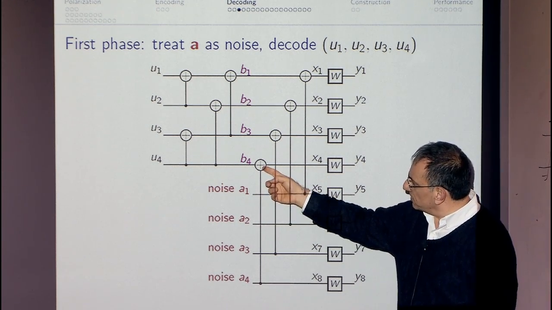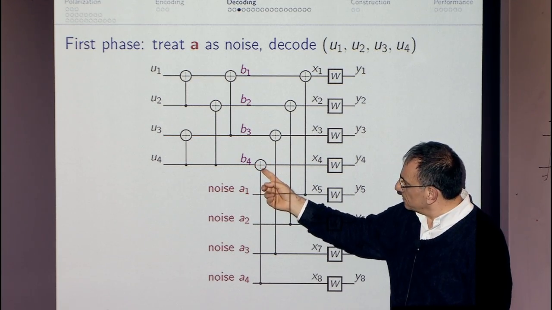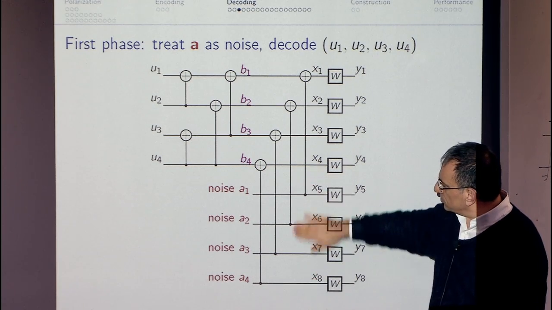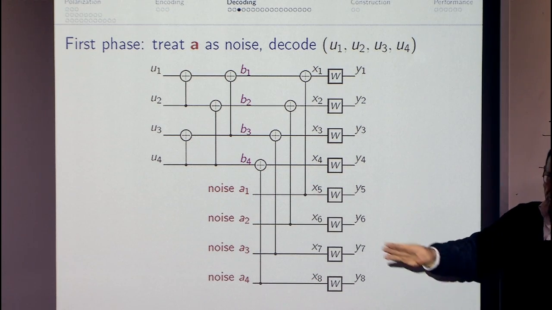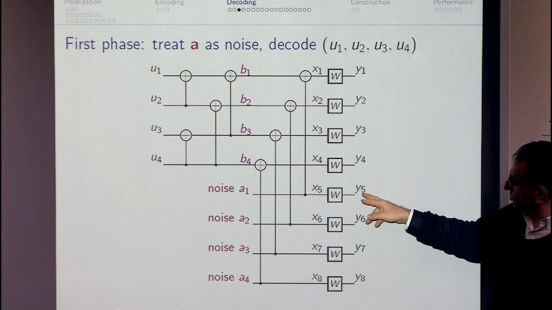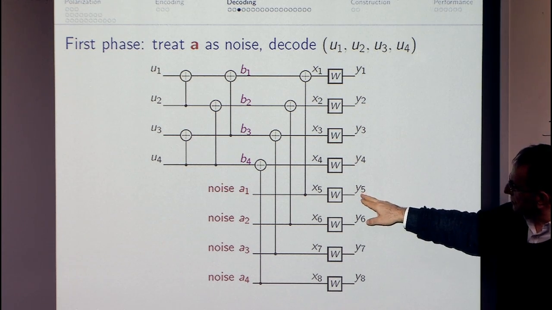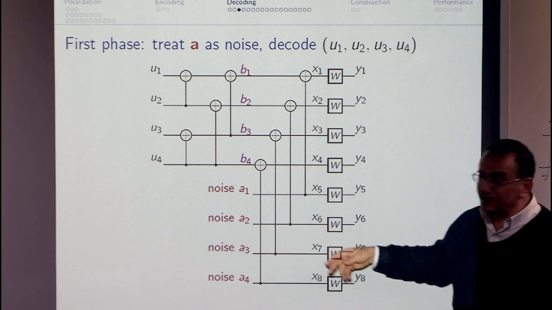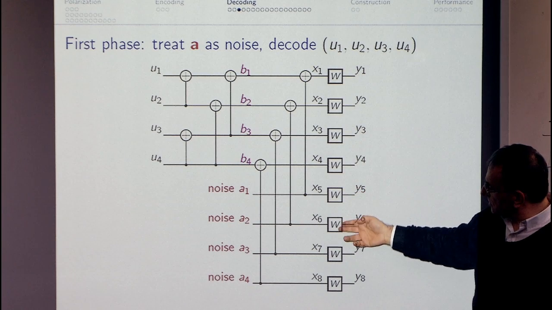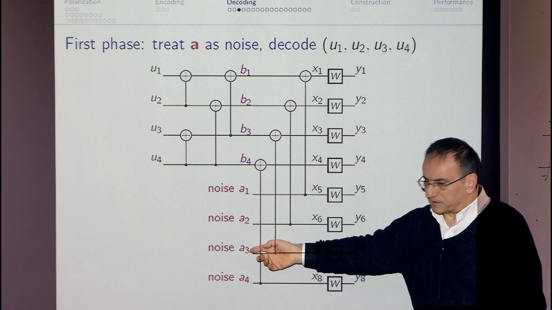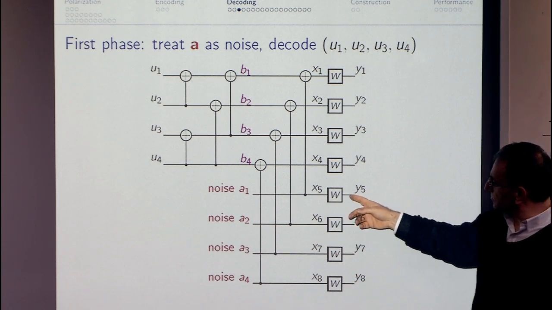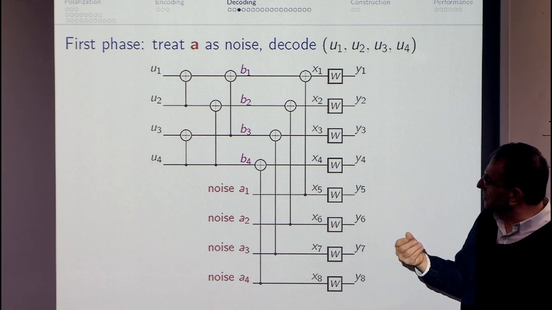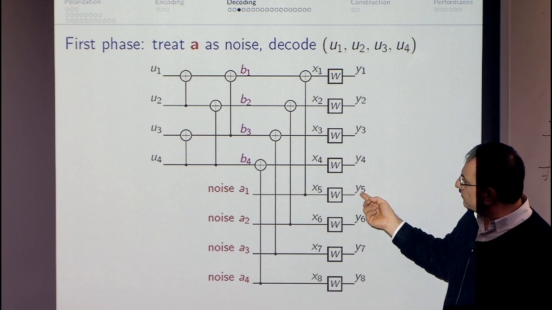If pure noise is interfering, and we didn't have any observations about the pure noise, we wouldn't be able to do anything. But fortunately, Y5 tells us something about A1, Y6 about A2, and so on. And in fact, if these are perfect channels, you know these exactly. We don't have perfect channels, but we still know something about these. So this is a valuable observation.